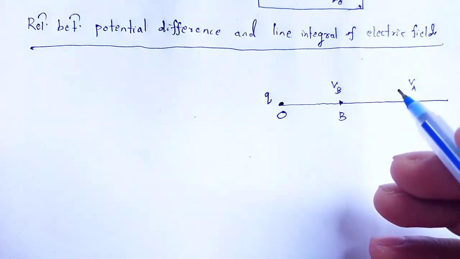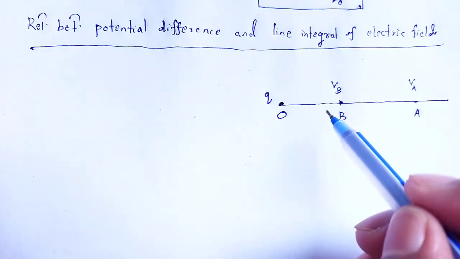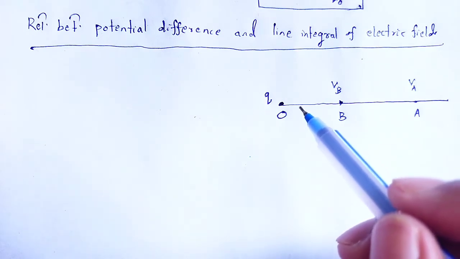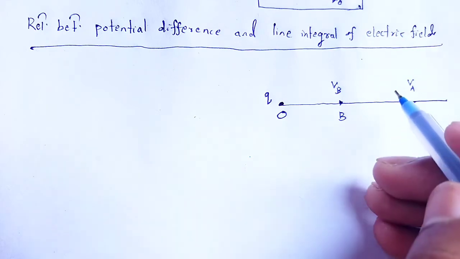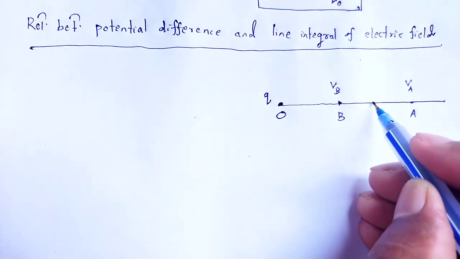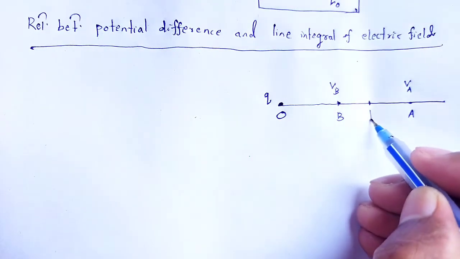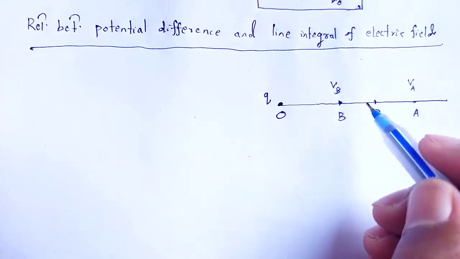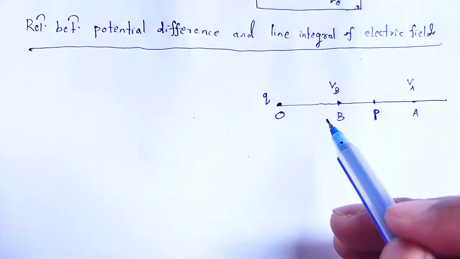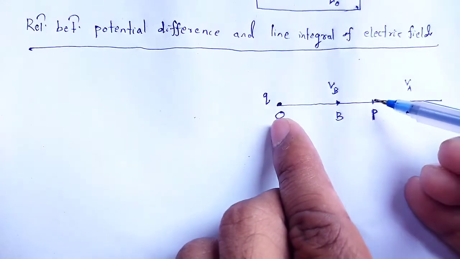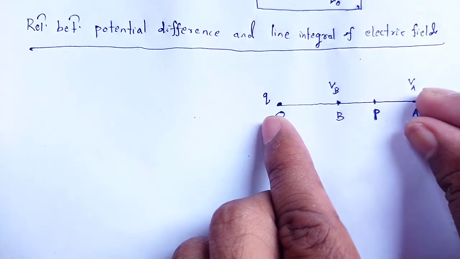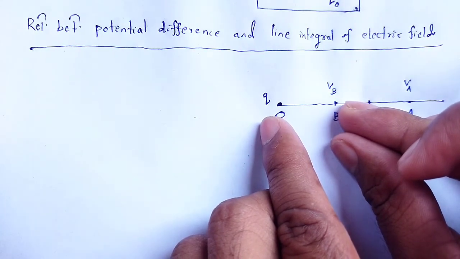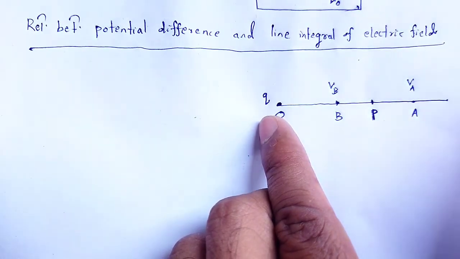So the force acting on the test charge Q naught at point P, here we take the point P, due to the charge Q. We have to move that test charge from point A to point B in order to calculate the potential difference between these 2 points.